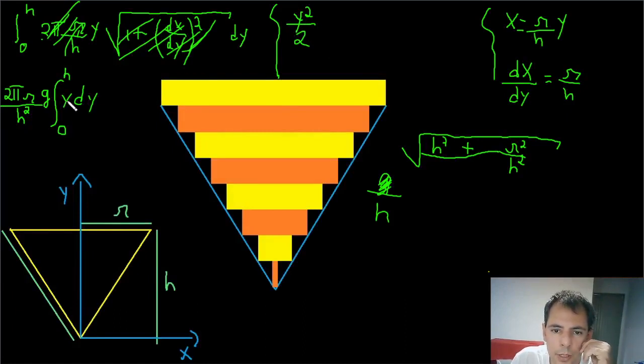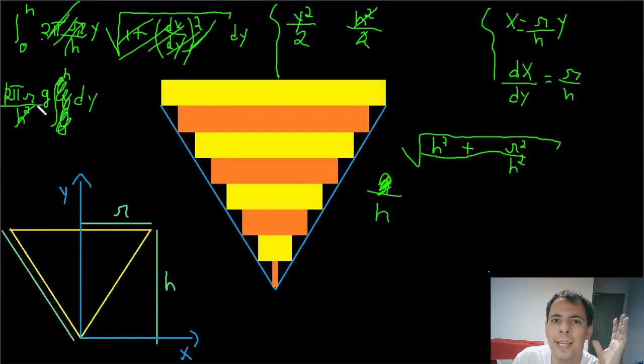If you put an h in here, you're going to be left with h squared divided by 2. Now this h squared divided by 2 is multiplying this whole thing. So this h squared you simplify with this one, and this 2 you simplify with this one. You don't have the integration here anymore, right? We've already integrated. So what are you left with? Pi rg.